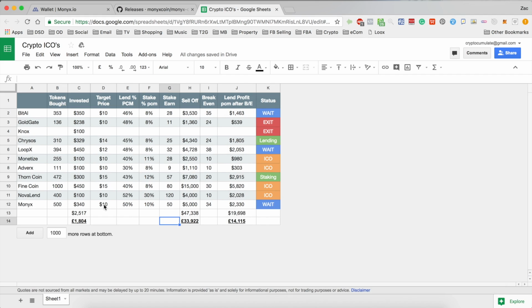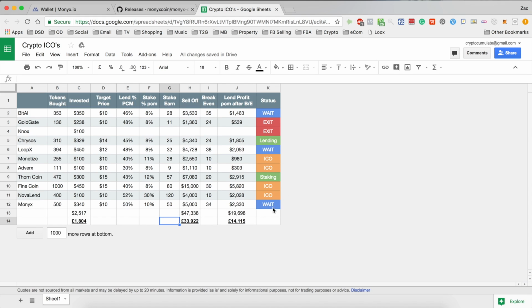Now looking at what I've got here, I've entered some formulas to work things out automatically for me and basically give me a better idea of what I might want to do moving forward, whether to lend, stake, or sell off my tokens.